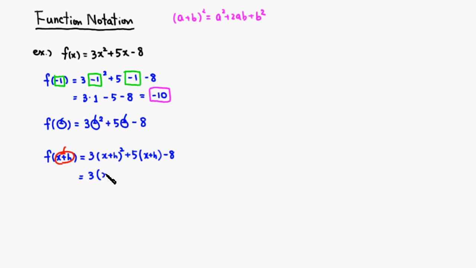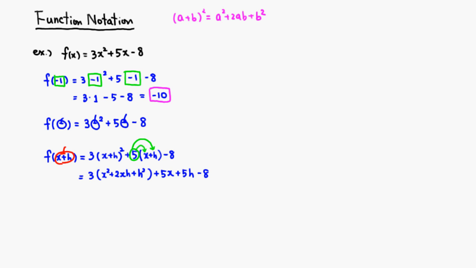So we have x squared plus 2xh plus h squared. Then I'm going to distribute 5 to x, you get 5x, and then distribute 5 to h, we get 5h. Then you have minus 8.